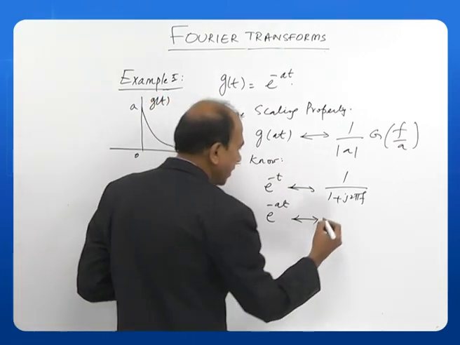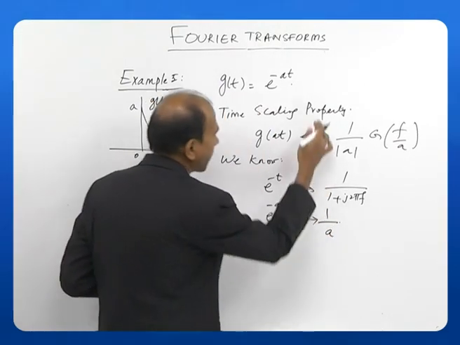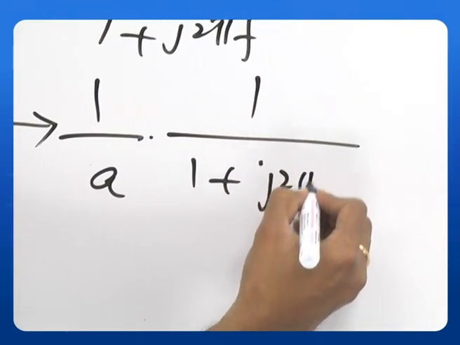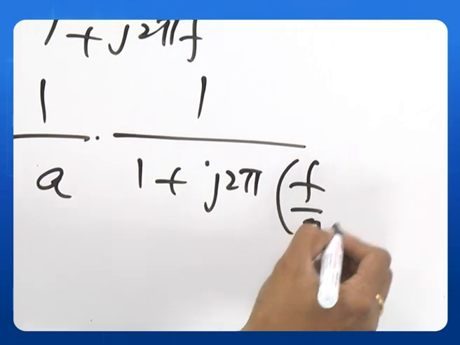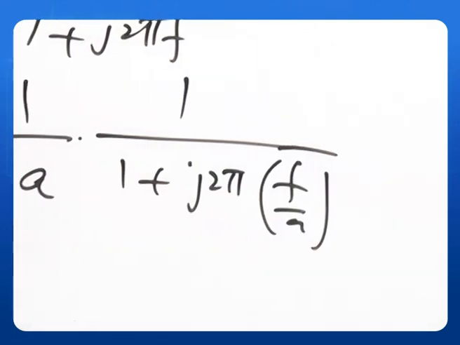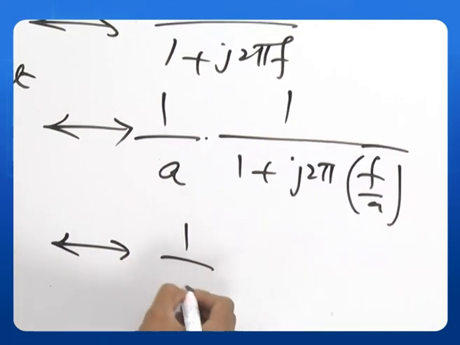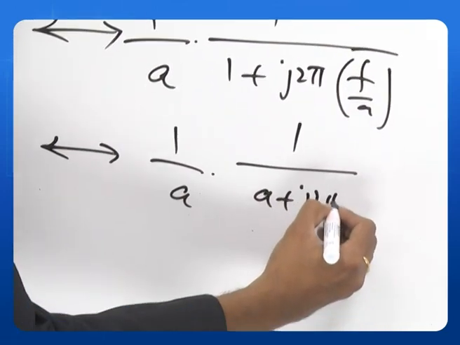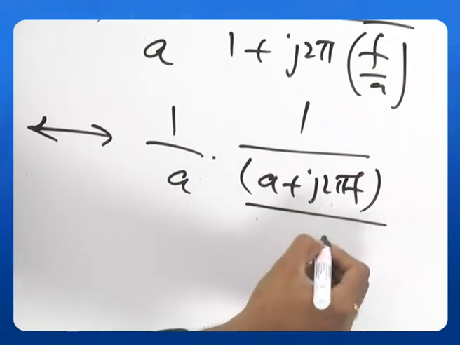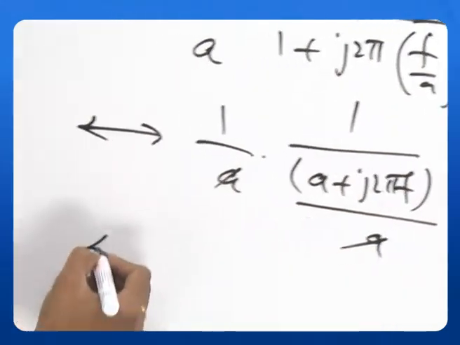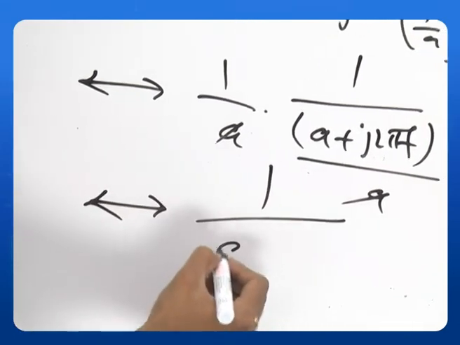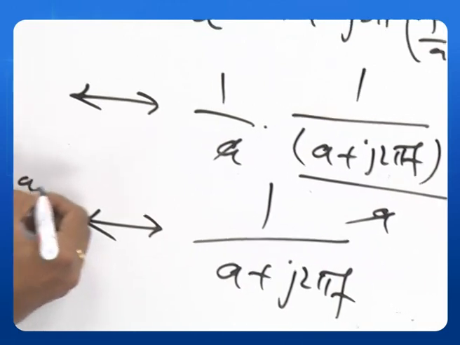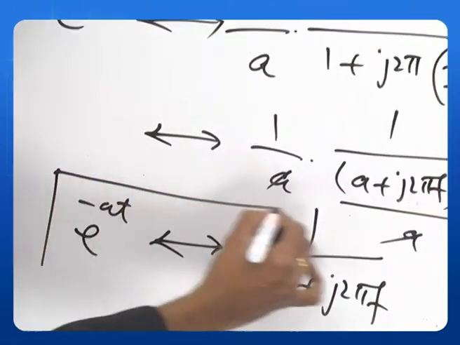It will be 1 by a, as is here, then 1 by 1 plus j2 pi into f by a. So, this will be equal to 1 by a times 1 by a plus j2 pi f by a. So, this gets cancelled. So, I will have a Fourier transform which is 1 by a plus j2 pi f. So, this is the Fourier transform of e to the power of minus a t.